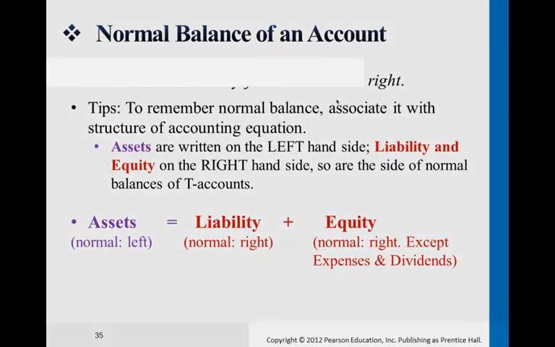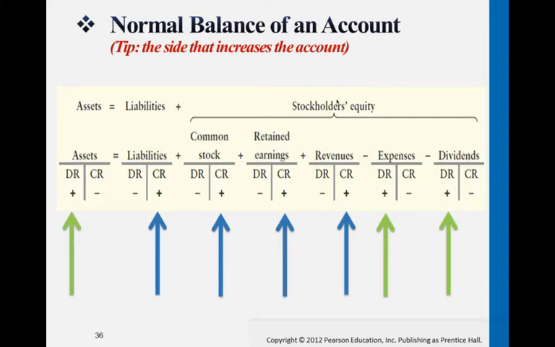For assets, expenses, and dividends, it's the left side where we will summarize the information, posted on the left debit side. For liabilities, common stock, retained earnings, and revenues, the normal balance is on the right side, the side where the account increases. So at the end, we'll be summarizing the dollar amount after a certain period of time, posted under the right side.